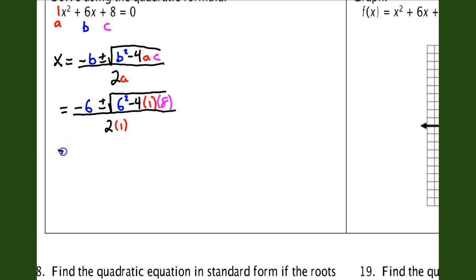All right, so order of operations, just need to be careful with negatives. We'll have negative 6 plus or minus the square root of 36. And we have 4 times 1 times 8, so that's minus 32. All divided by 2.